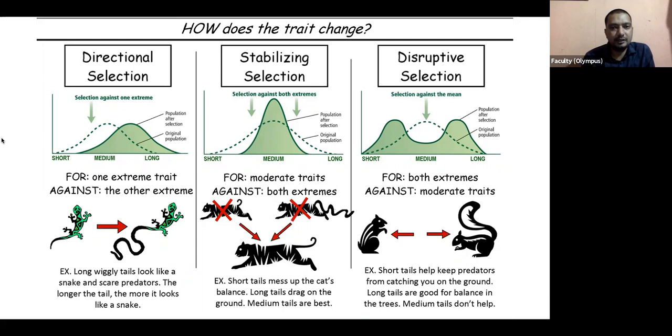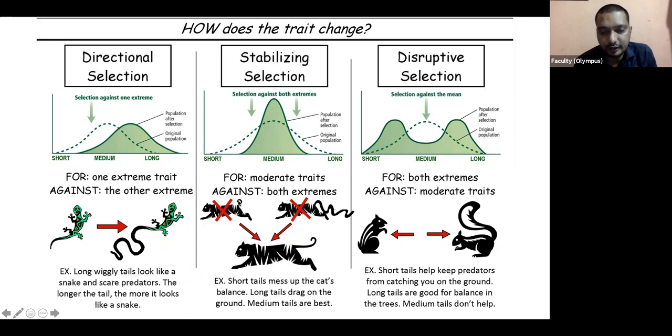Remember this, between all these three things, the difference is in what direction we are going. Here we are preferring one of the extremes. Here we are stabilizing it, meaning we are preferring something on average. So look at this. Here we are preferring something that is medium, neither short nor long. Something in between. And a theoretical example for this is, look at this, something like a tiger.